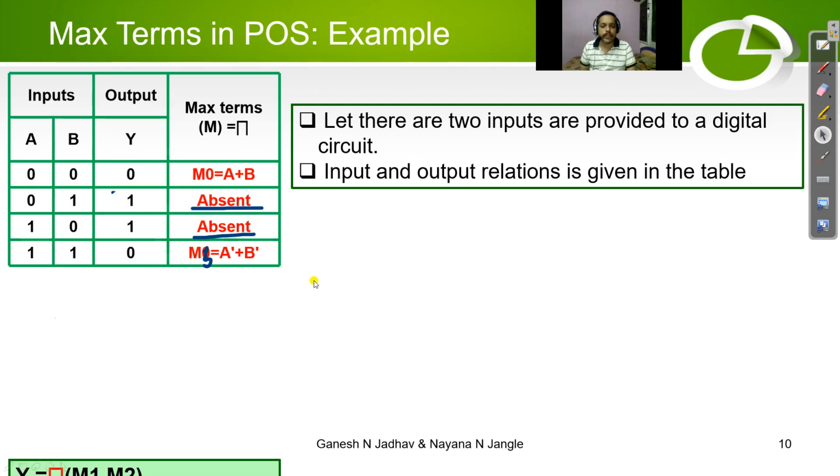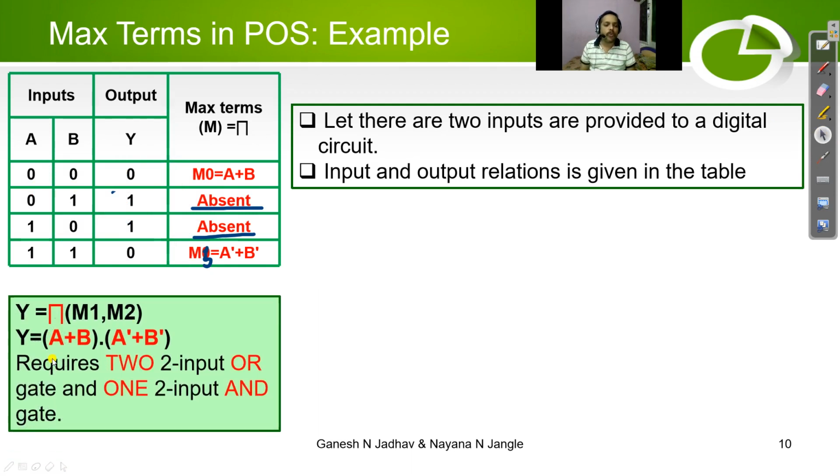Now let us write down the equation for this. In the output Y, which terms are present? The M0 and M3 terms are present.